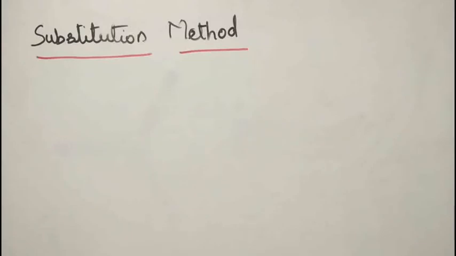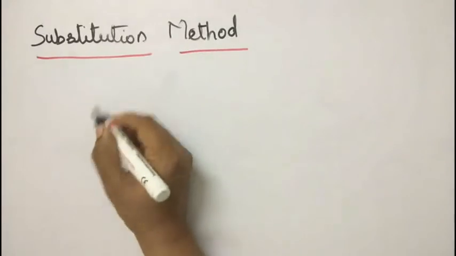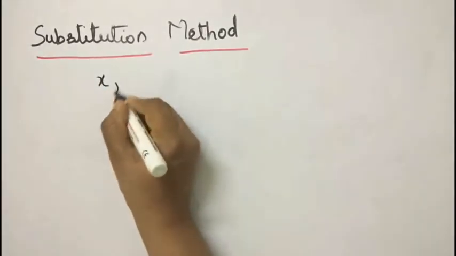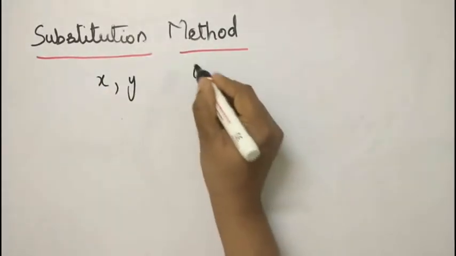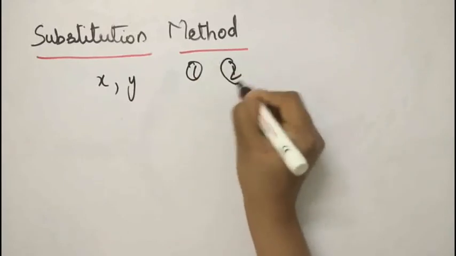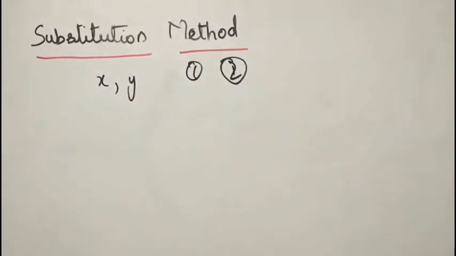Suppose a pair of linear equations is given, such that in both the linear equations the variables are x and y. That is, they have given two equations, 1 and 2. First you have to select any one of the equations, either equation 1 or equation 2.